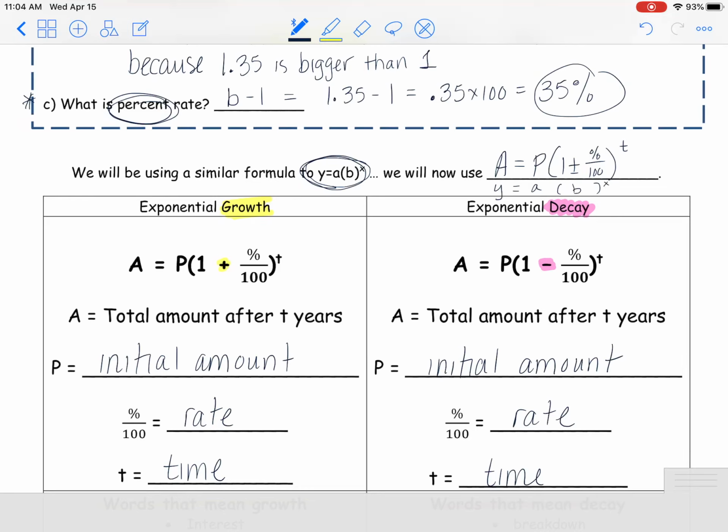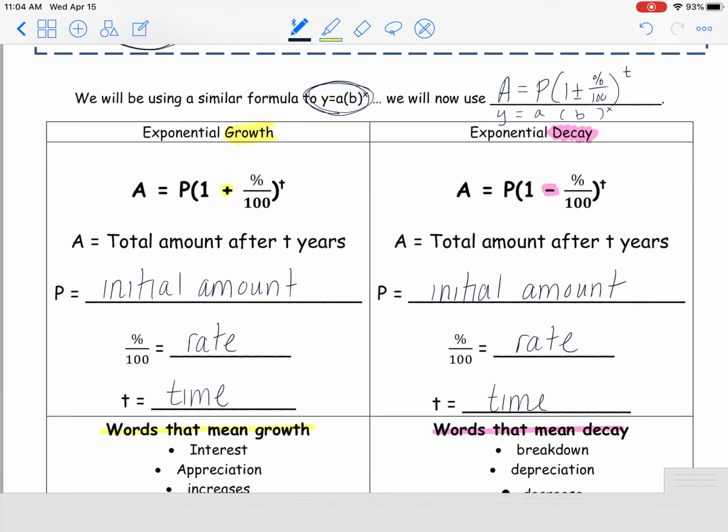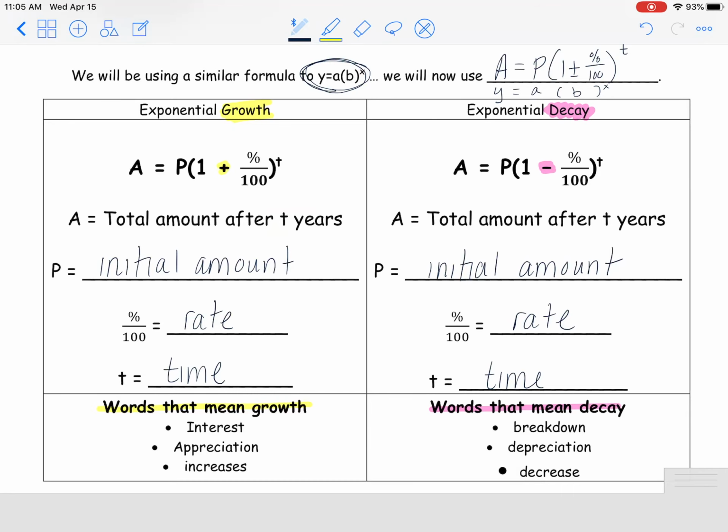Everything inside of here is really our b raised to the x, but in this case we're going to raise it to the t because we'll be working with word problems. Now, depending on the situation, if your word problem happens to deal with growth, you're going to use this little formula. So really, a is the total amount after 2 years, so that's just what your answer is. P will always be your initial amount, just like before.